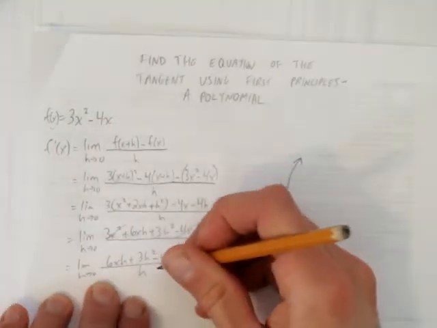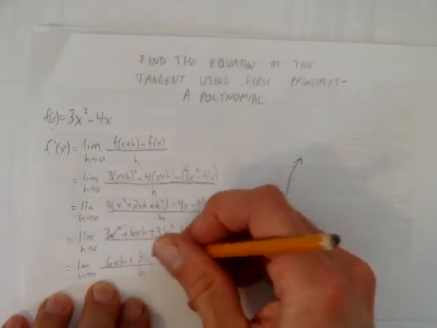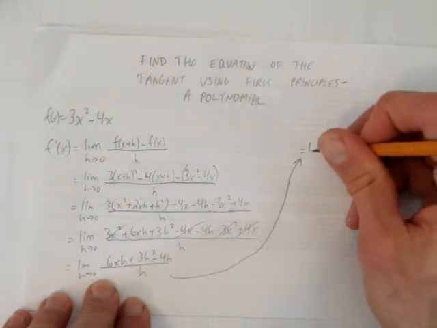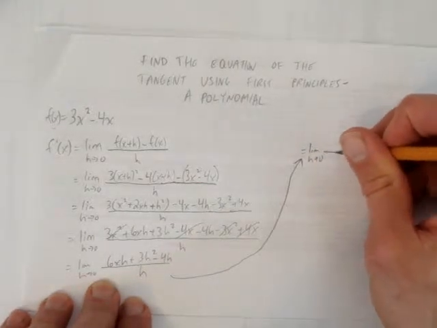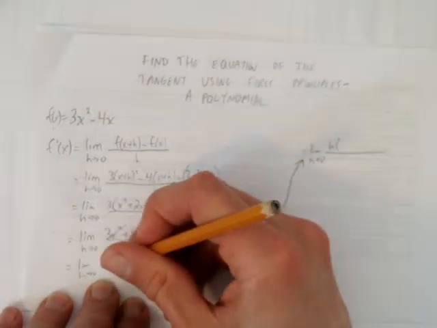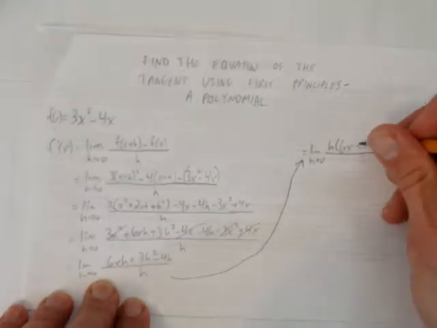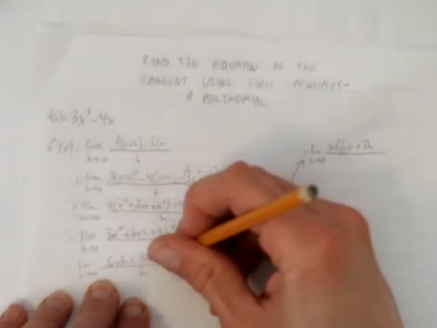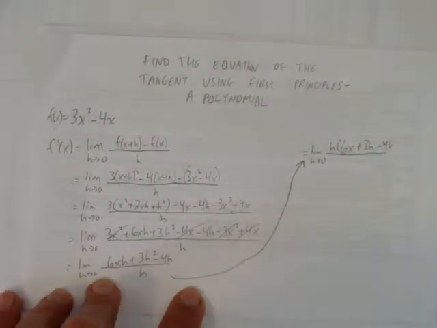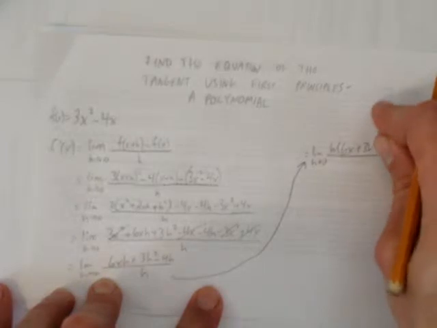I'm doing great. Now, I could cancel out the h's one at a time if you can see it. If you can't, what I meant by that last sentence is you can factor out an h on the top. That is, you'll put an h here, factor out of 6xh, you get 6x, and factor out of 3h squared, you get 3h, and minus 4h just becomes minus 4 without the h.